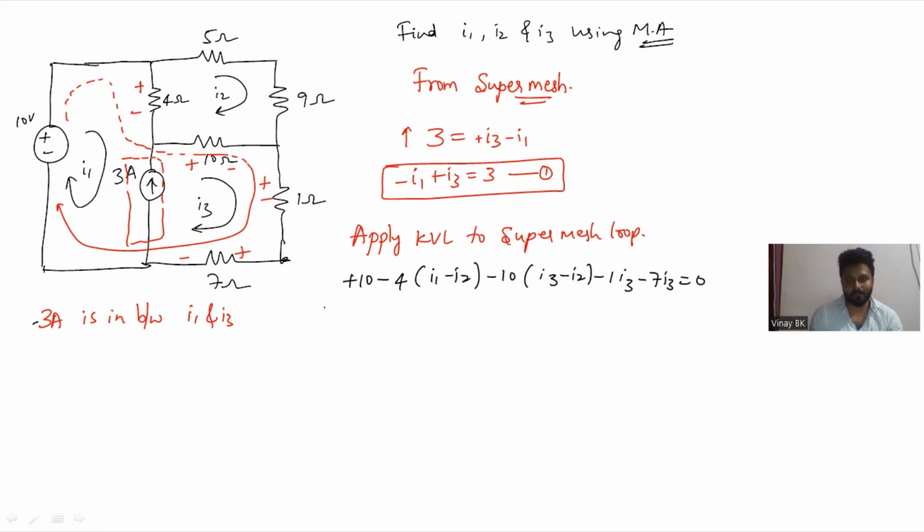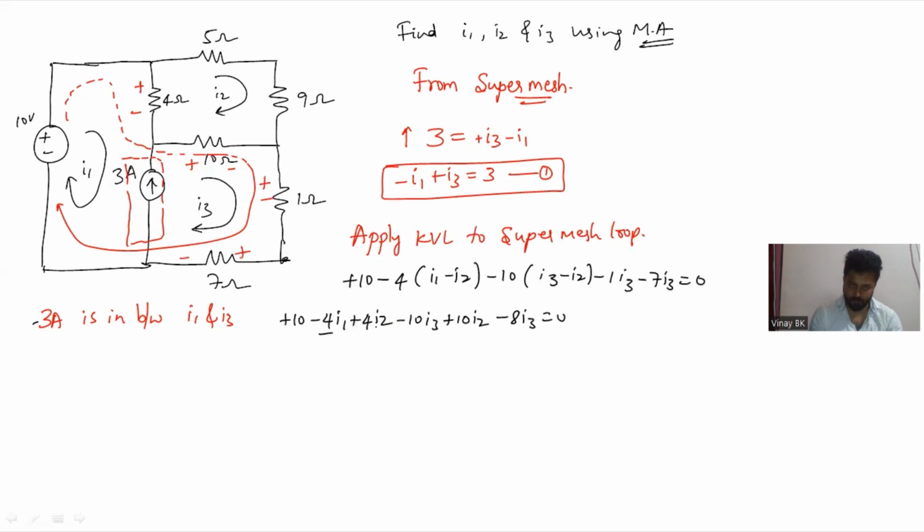Simplify this equation now: plus 10 minus 4I1 plus 4I2 minus 10I3 plus 10I2 minus 1I3 minus 7I3, that is minus 8I3, equals 0.